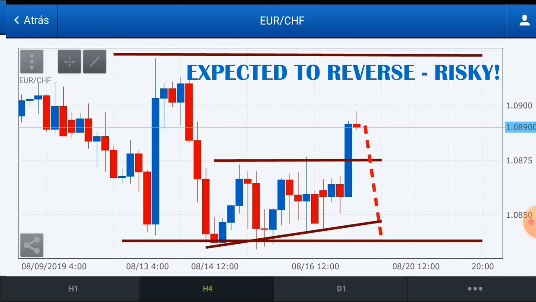Now, despite the breakout with this strong bullish engulfing candlestick formation above resistance, there were two reasons why I expected that the market would actually fail to carry this movement bullish and would instead reverse sharply and take us back inside of the consolidation. Now, these types of reversals are what we call false consolidation breakout reversals.